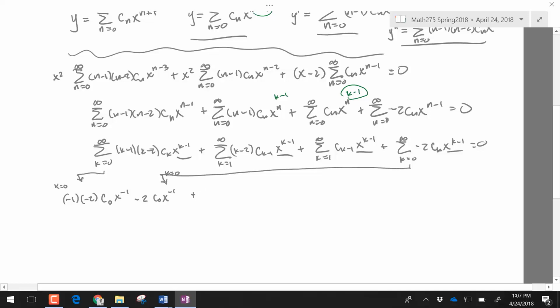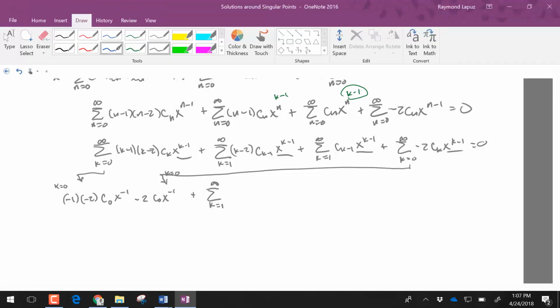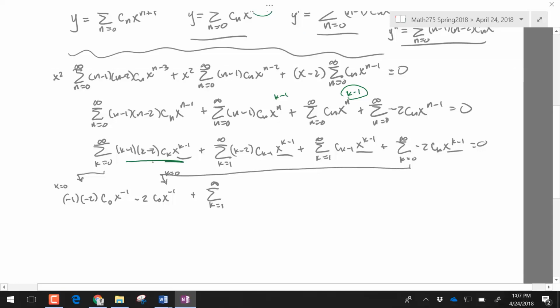Now we'll put everything together. This time it starts with 1. I will try to put the c sub k terms together, and then I'll try to put the c sub k minus 1 terms together.